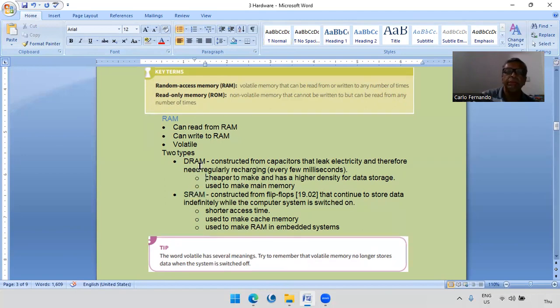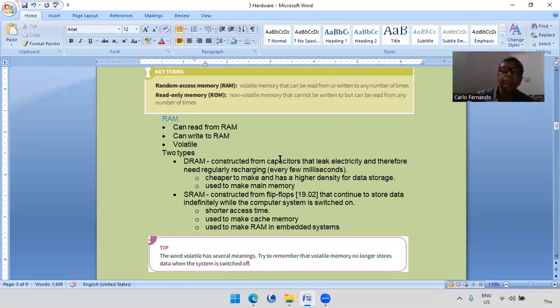DRAM is dynamic. SRAM is static. DRAM is constructed from capacitors. What are capacitors? Electronic components that leak electricity and therefore need regularly recharging every few milliseconds.